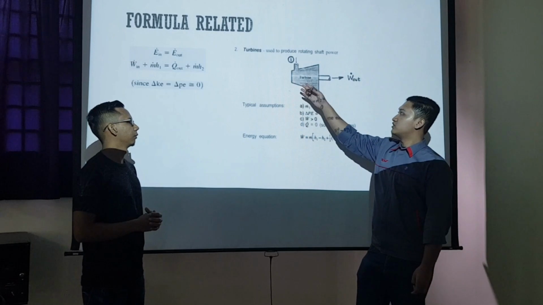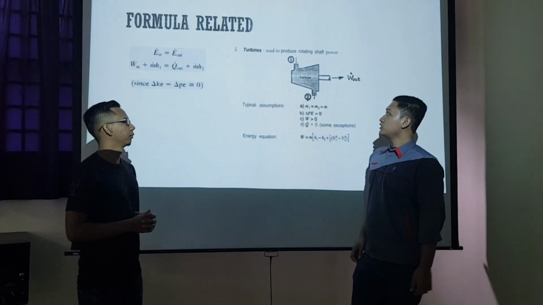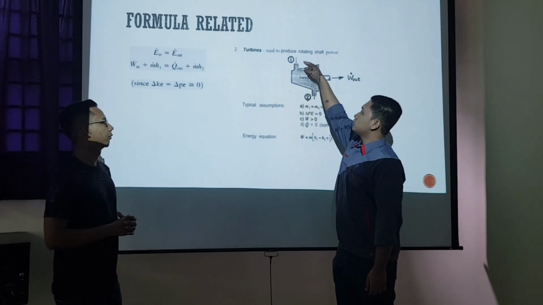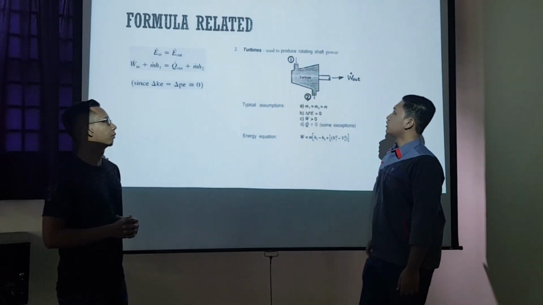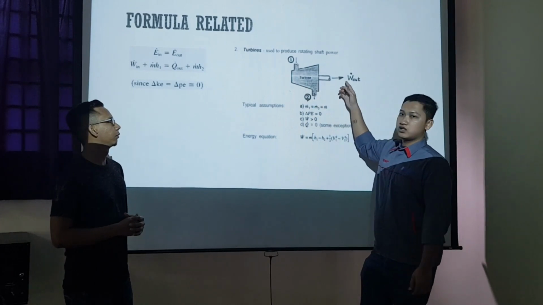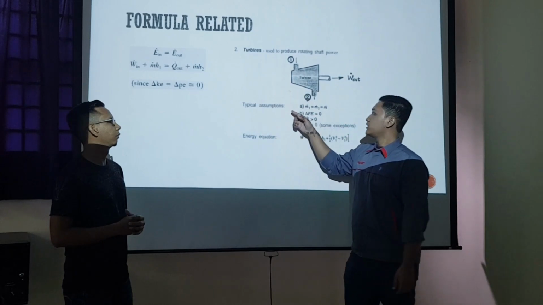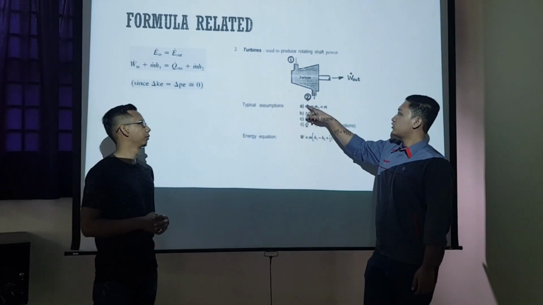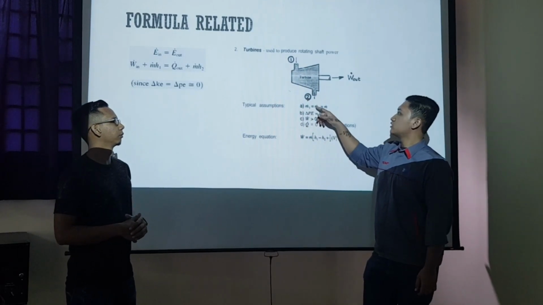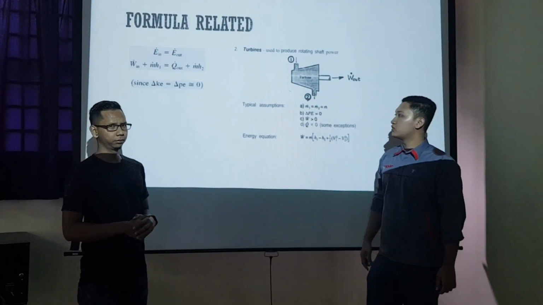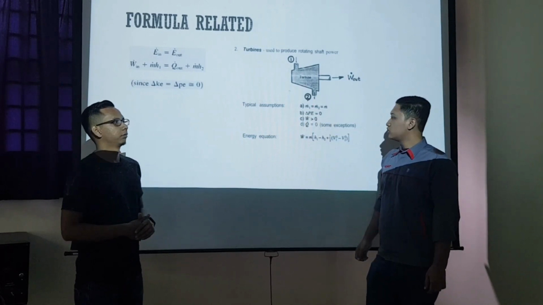So, this is the basic design of the turbine. For example, the fluid enters at the inlet and exits at the outlet, and the turbine will produce a rate of work. The typical assumptions for the turbine are: first, the rate of mass at 1 equals the rate of mass at the output. Second, potential energy is equal to 0.